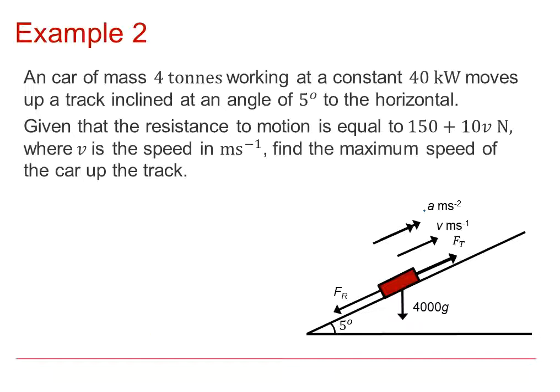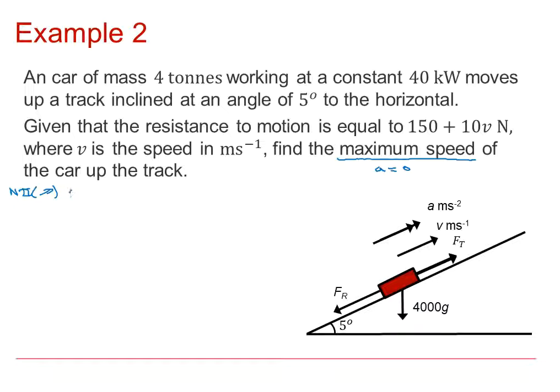So the key thing to spot here is we are talking about the maximum speed. So if this car has reached its maximum speed, then the acceleration will be 0 and the forces must be in equilibrium. So maximum speed tells me the acceleration is 0.